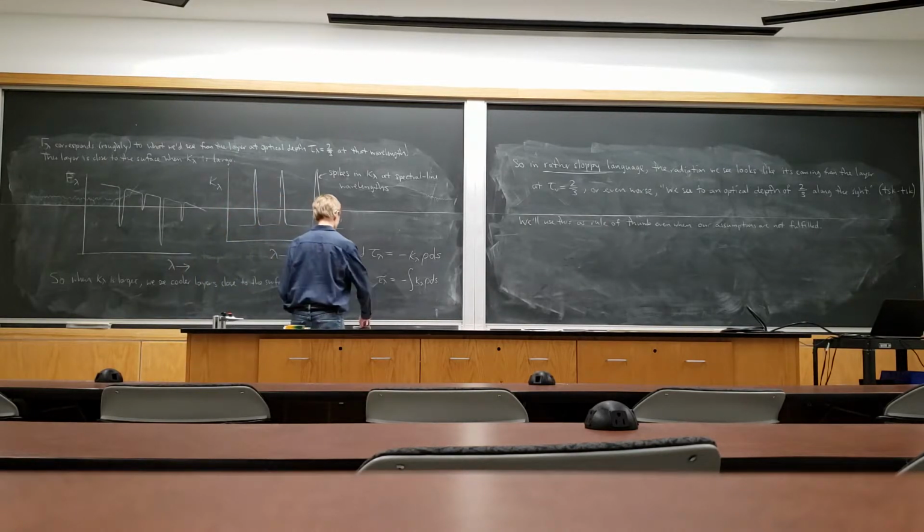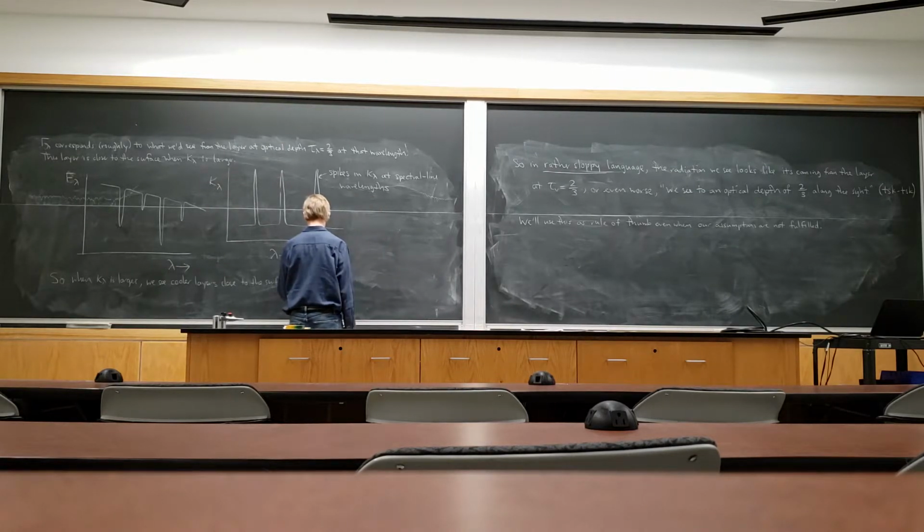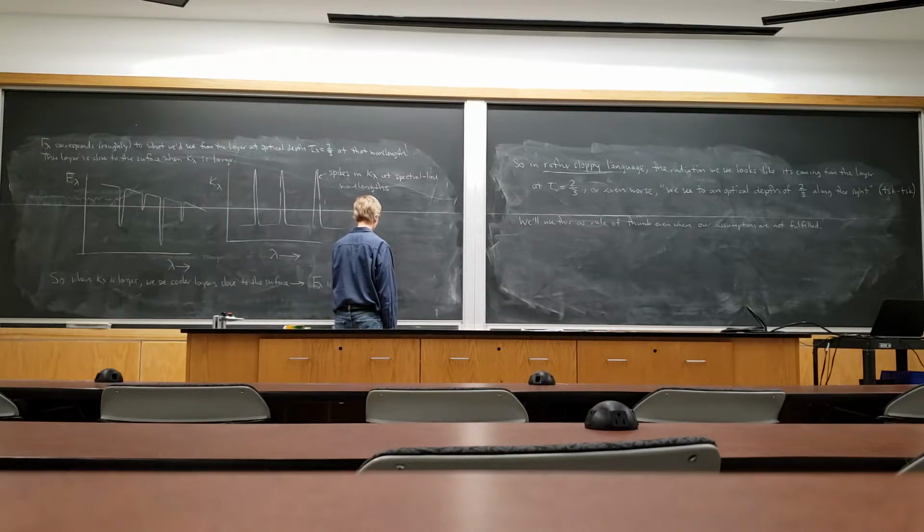In other words, F lambda is smaller where kappa lambda is large.